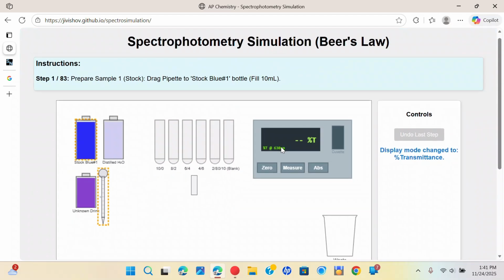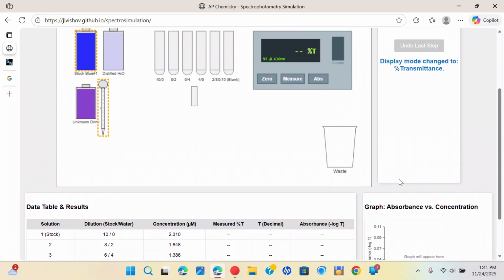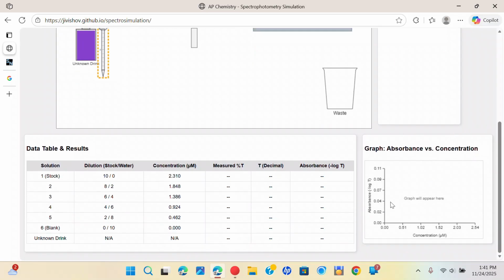And as we collect our absorbance values, an automatically generated calibration curve will be created for us. This calibration curve, or graph, is made by plotting the solutions' absorbances and their known concentrations.